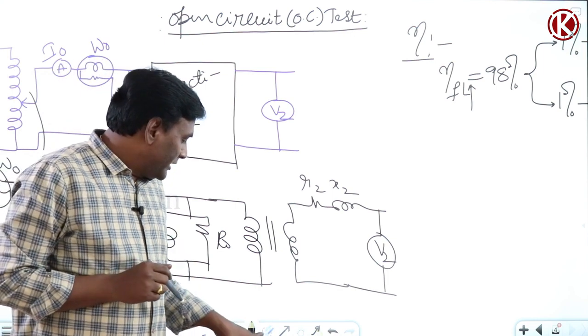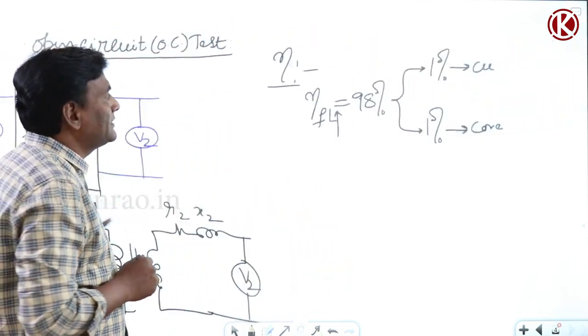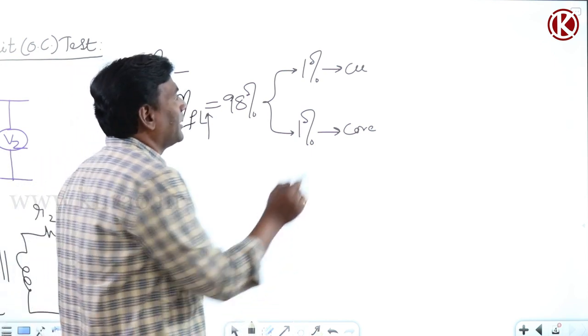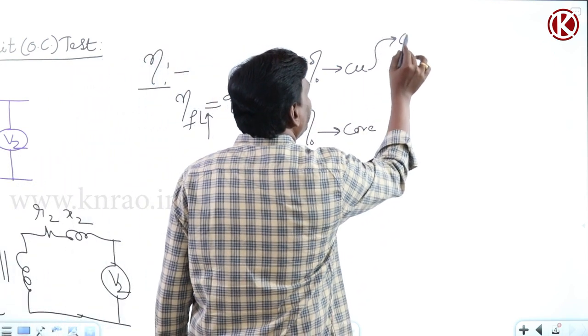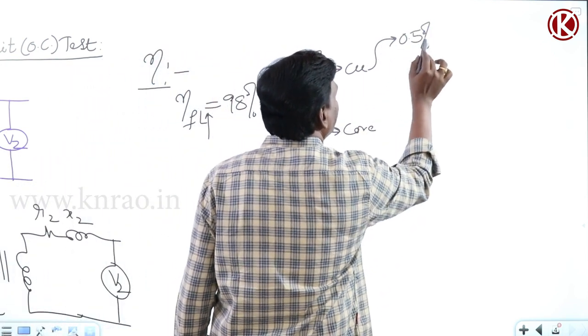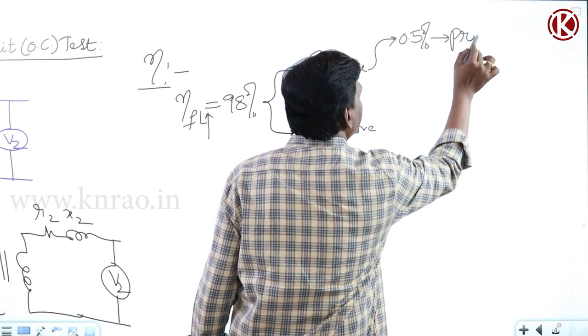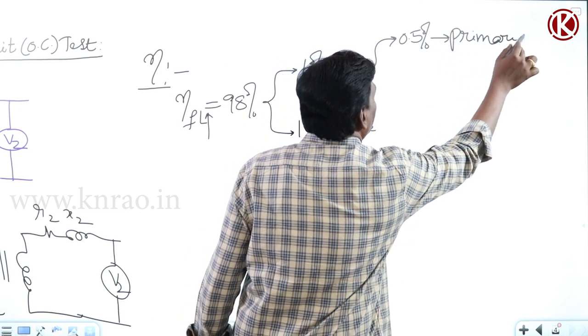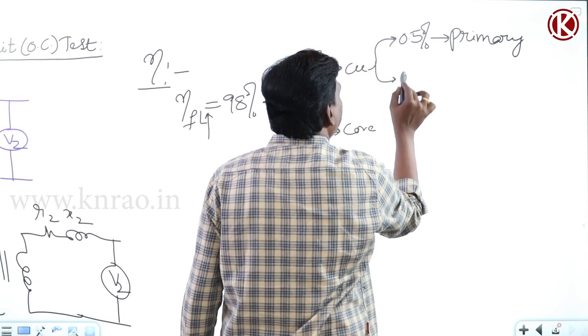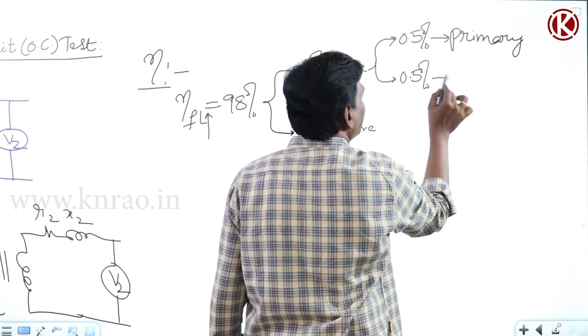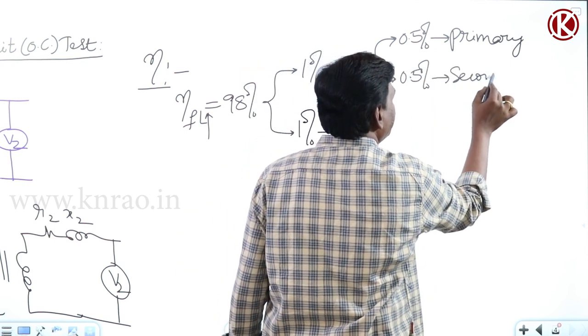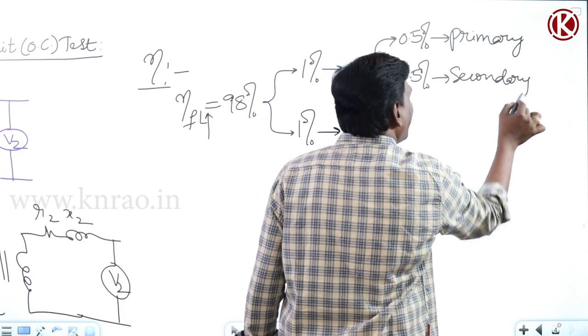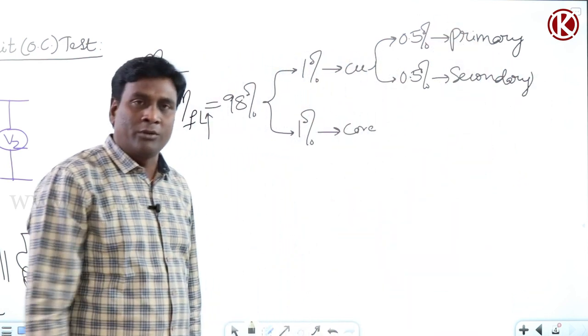So at full load, in this 1% of copper loss, 0.5% is for primary and 0.5% is for secondary, if the practical transformer is operating at full load conditions.